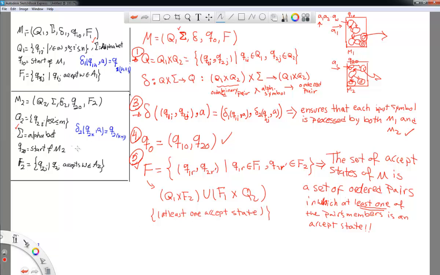So basically what this means is that Q ensures M processes symbols by simulating M sub 1 and M sub 2 simultaneously.